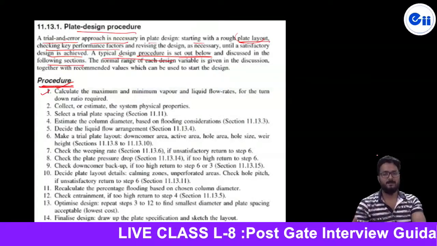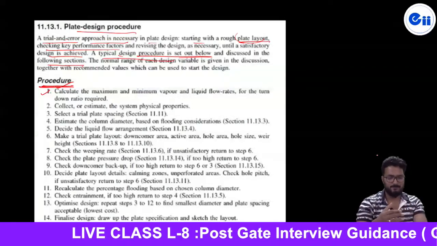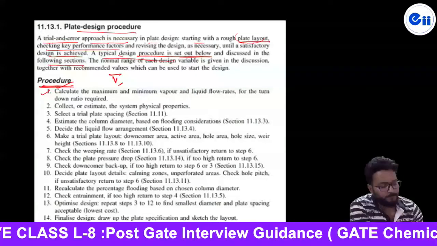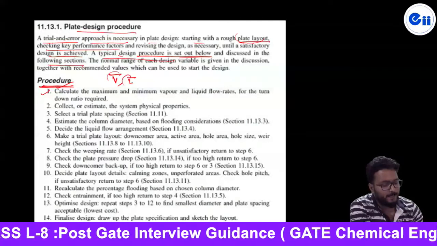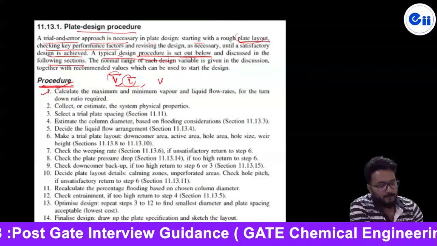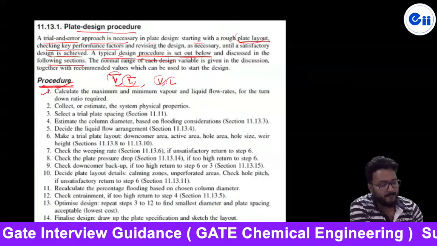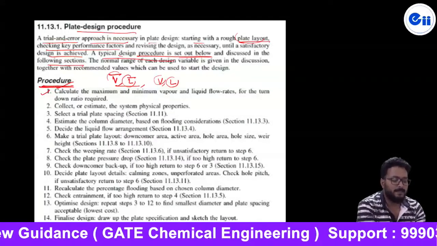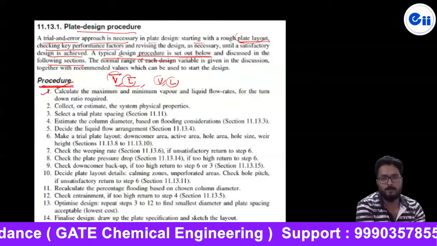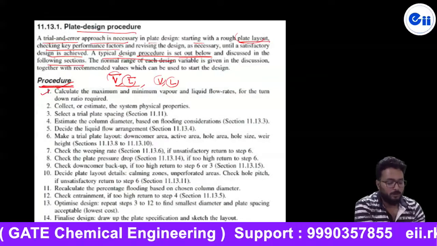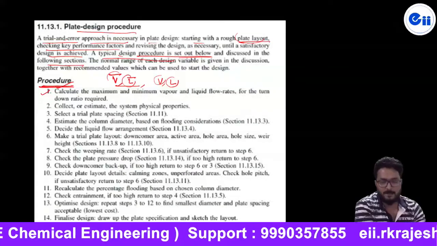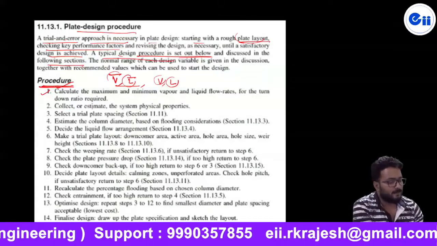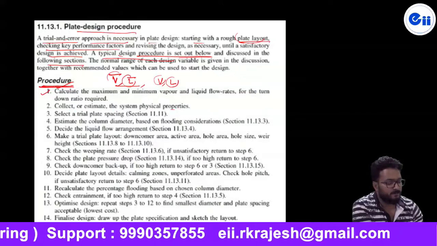Material balance, energy balance, whatever balance we apply, I will discuss by example. But first of all we should know the values of V bar and L bar, vapor and liquid flow in the stripping section, and V and L, vapor and liquid flow in the rectifying section. So first we should know the maximum and minimum vapor and liquid flows. How we find these I will discuss by a numerical problem, but just try to recall the steps. Second, collect or estimate the system physical properties.